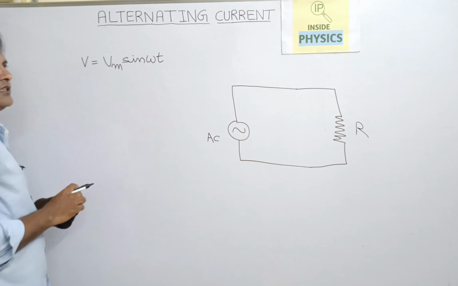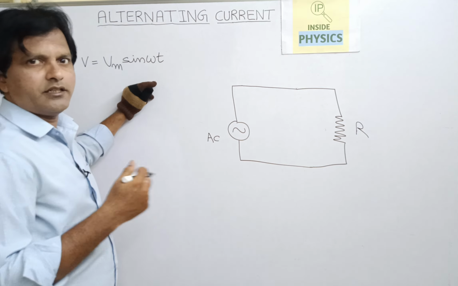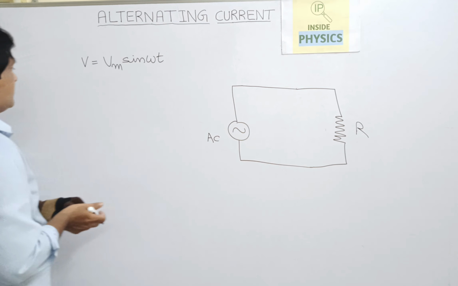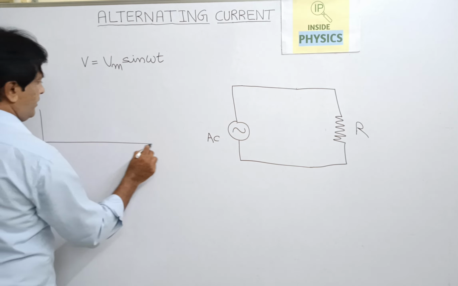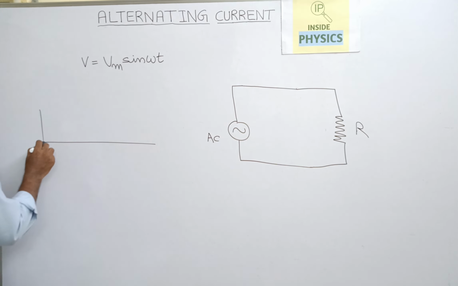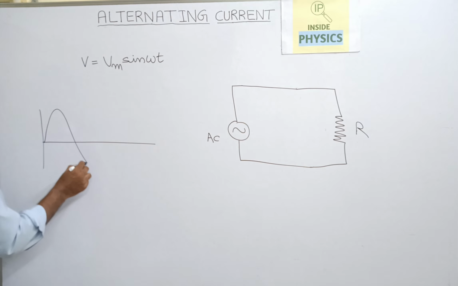Omega is the angular frequency of the oscillating current, and you know the oscillating current means the voltage and currents will be like this.